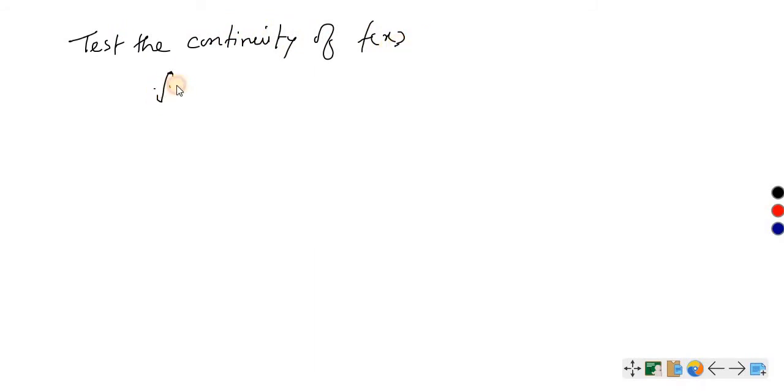This function f of x is equal to modulus of x by x, provided x is not equal to 0, and it is equal to 1 provided x is equal to 0. So this is the question and we have to test the continuity of this function.